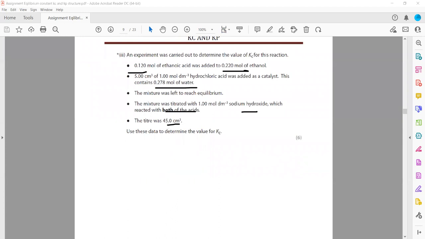So how to work this out? First we need the moles, so first we'll get the initial moles. The sodium hydroxide is used, which is titrated with both of the acids. These are the moles of water which are produced.